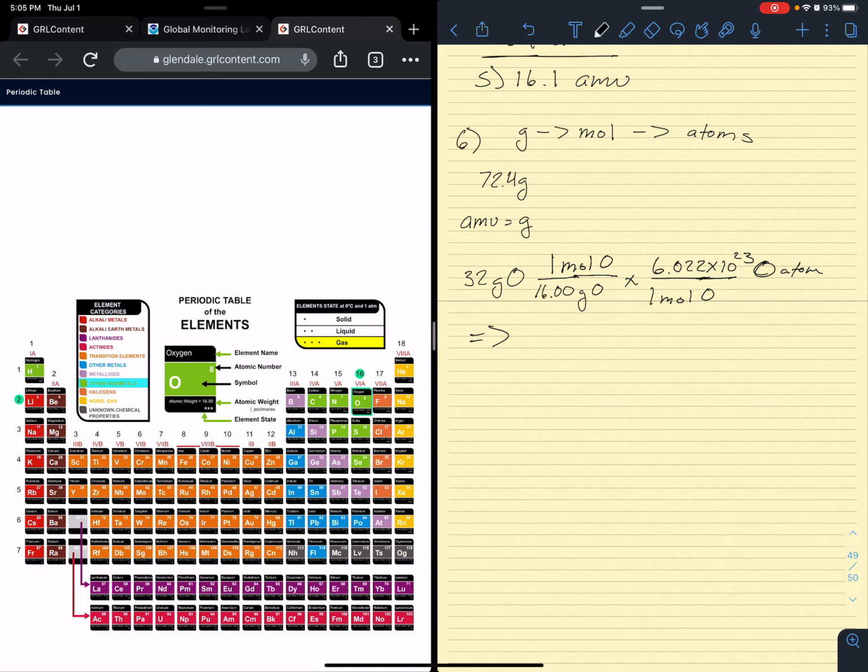So open parentheses, 32, close parentheses, and then open parentheses again, 1 divided by 16.00, close parentheses, and then open parentheses again, and you put the number of atoms in one mole, which is 6.022 times 10 to the 23, divided by 1, and close it.